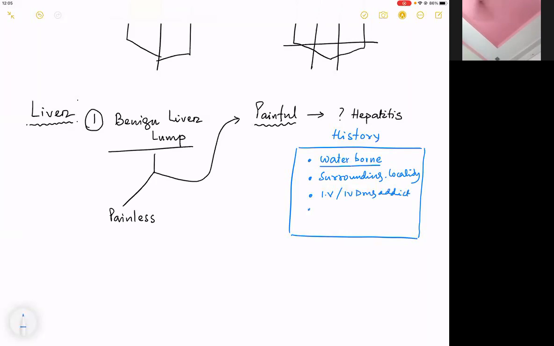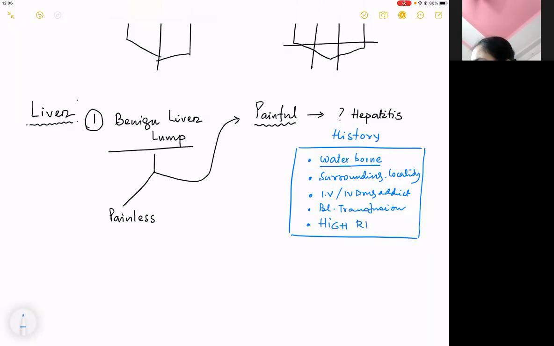or a history of a blood transfusion, or less commonly, a history of, what is the word technically called when you talk about a sexual mode of transmission? What is the word that I have taught you in medicine?